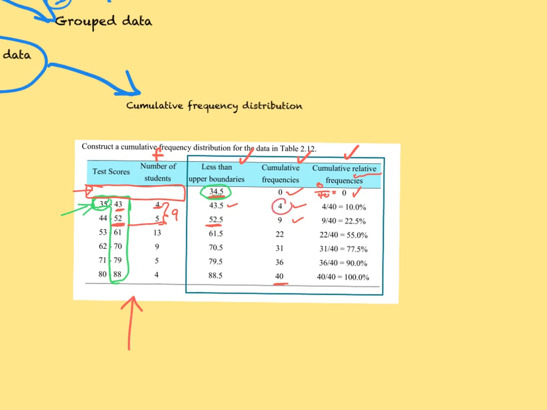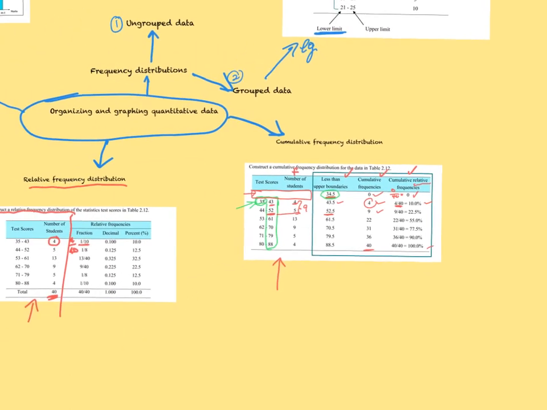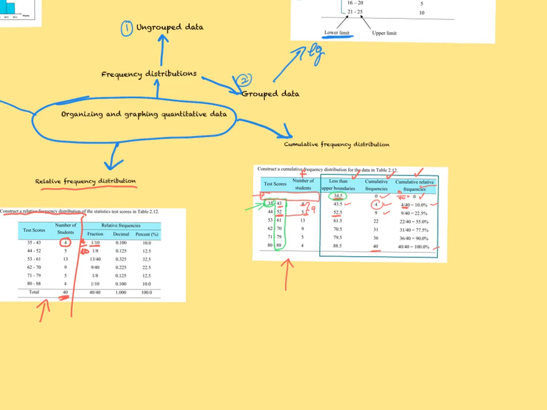And then the next one, 4 divided by the total, so 4 divided by 40, you get 10%. This is the same for the rest of the cumulative relative frequencies. Okay, so that's all for organizing quantitative data.